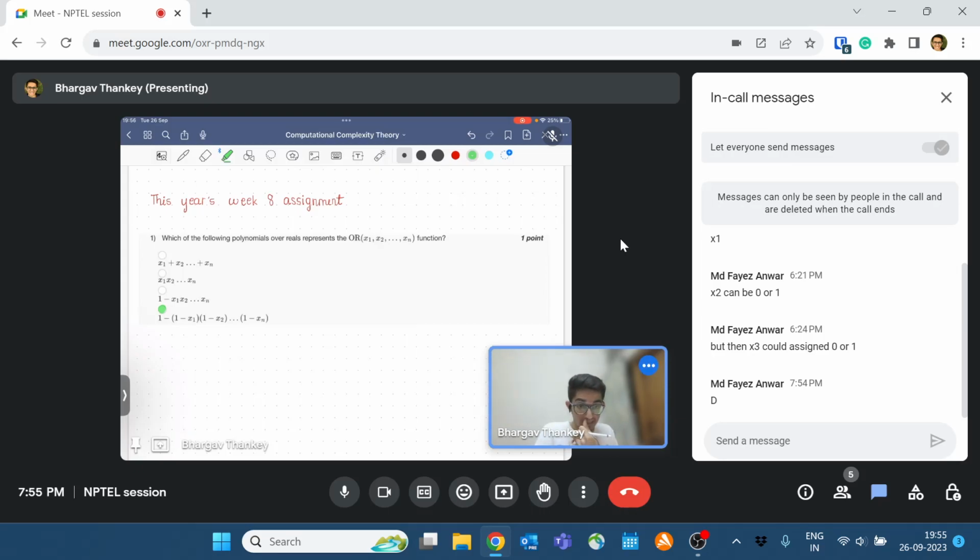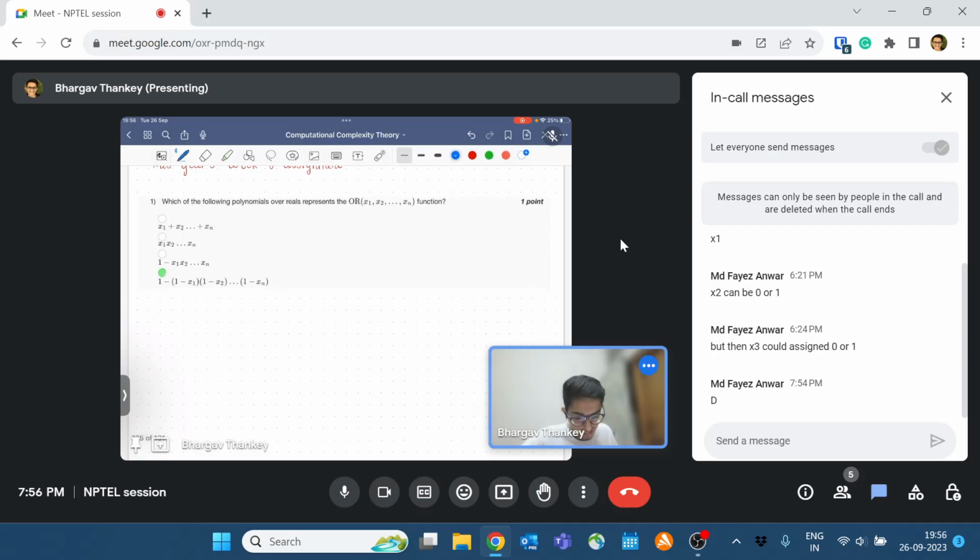So the first question was which of the following polynomials over reals represents the OR function. Someone already said the answer is D. So here's how you can do it.